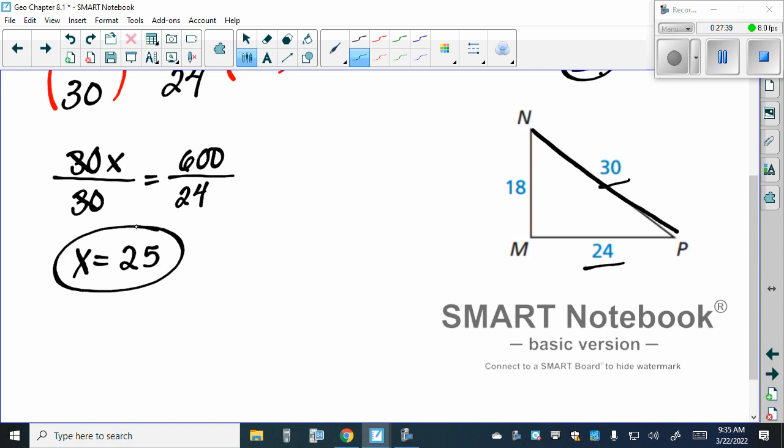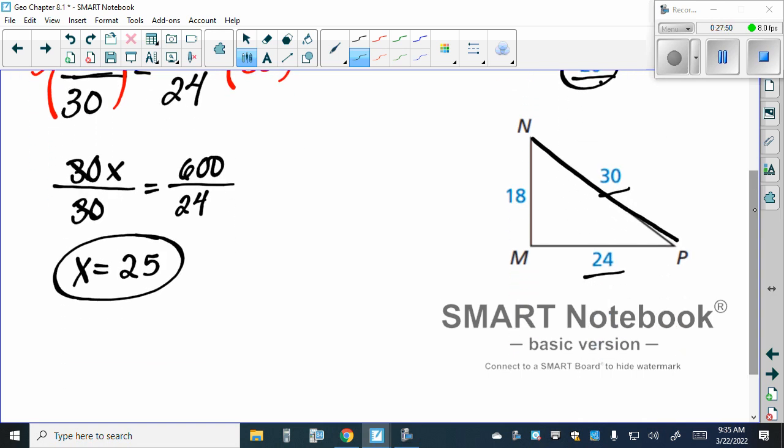I might have done 600 divided by 24, would be my guess without looking at it. So our missing side length is 25. And that's it. Questions on this here?